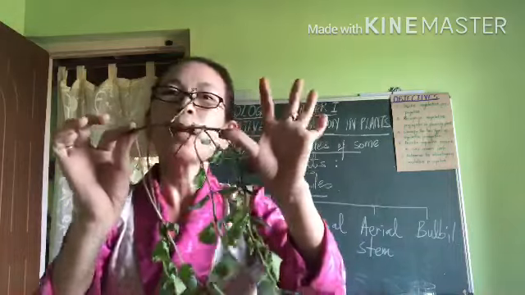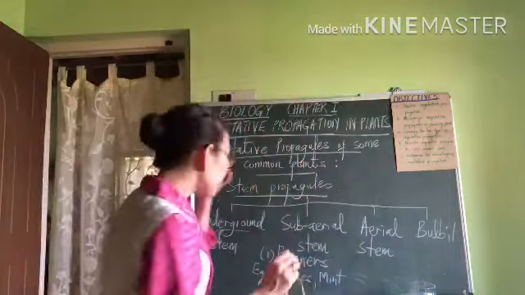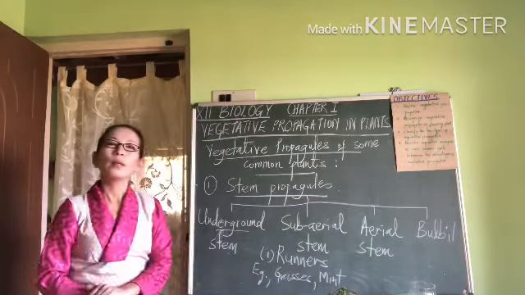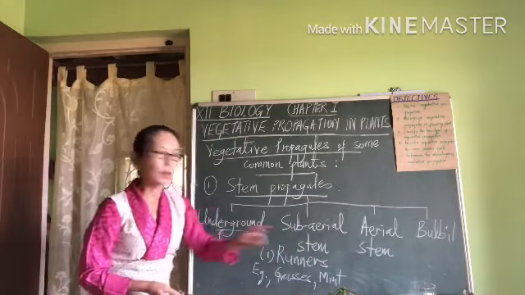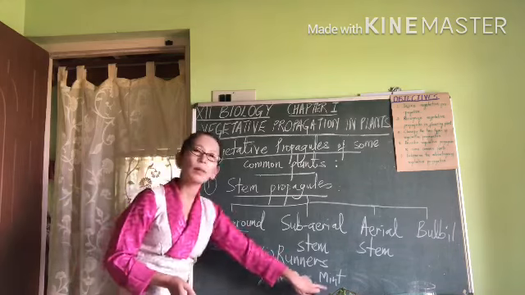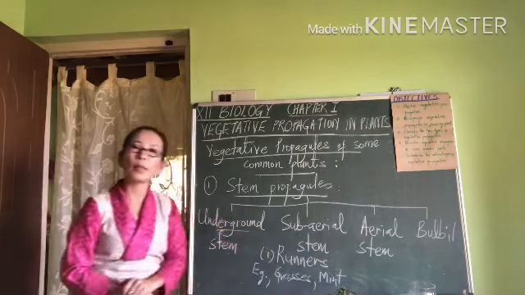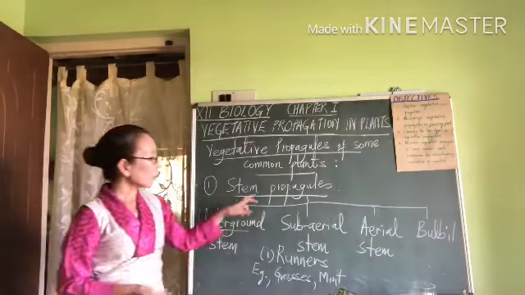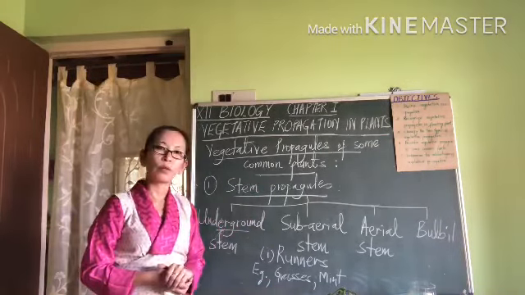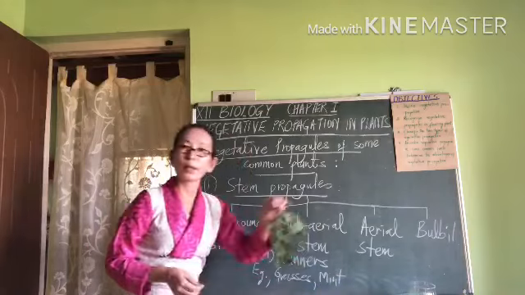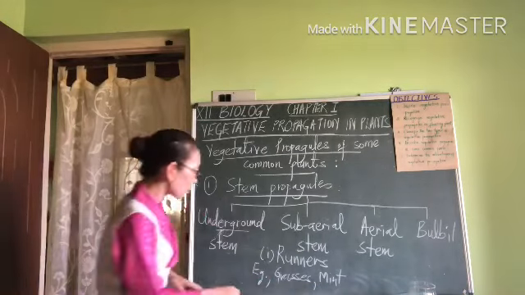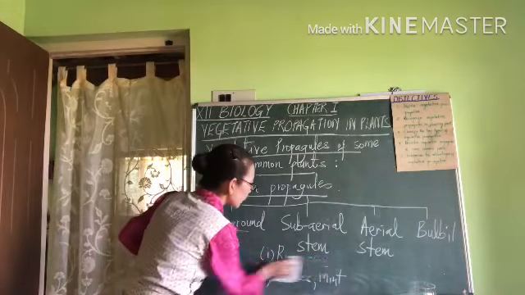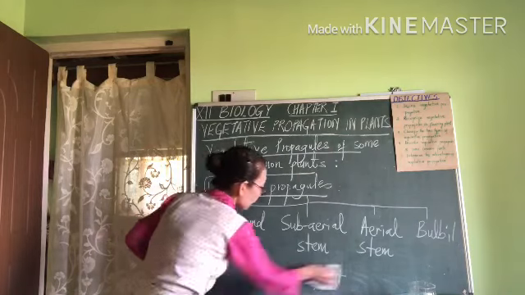That is why runners are a kind of subaerial stem which we see in many grasses, as well as in mint, and they can be one of the vegetative propagules for propagating such plants. Okay, so this is an example for runner.